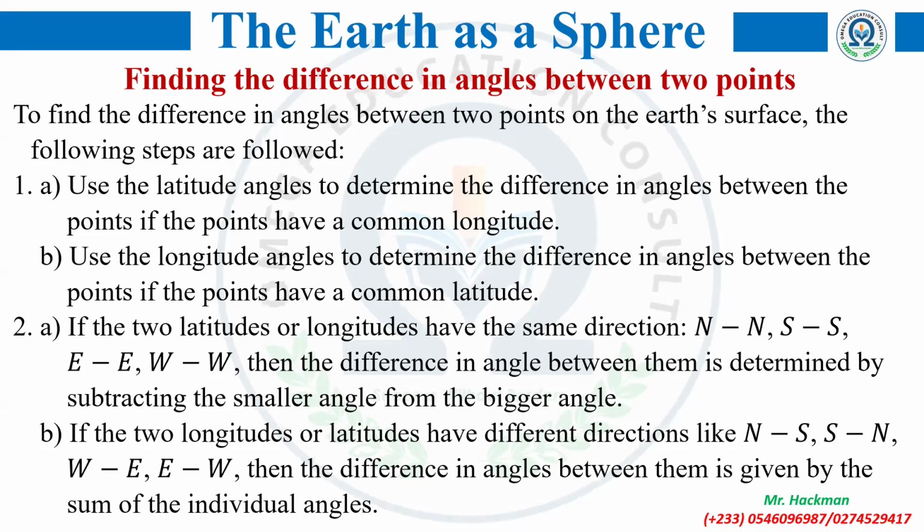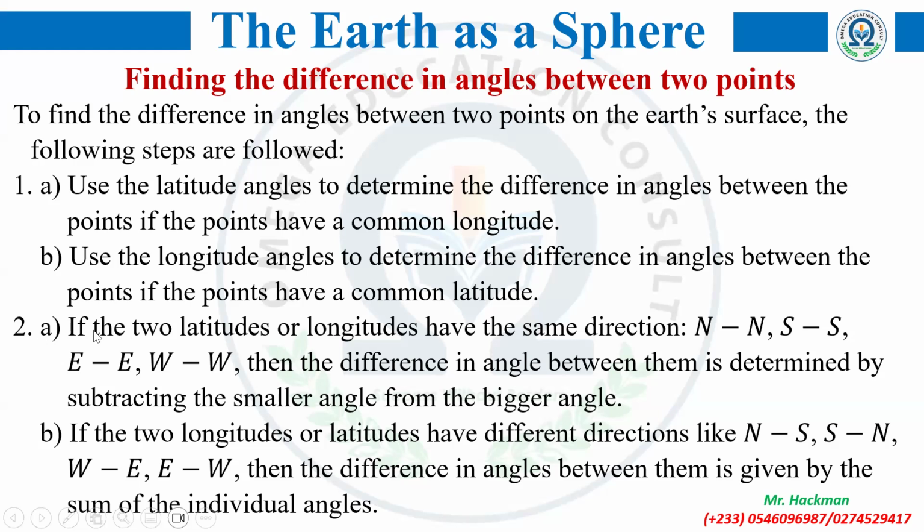In the same way, if your 2 points have a common latitude, then we rather use the longitude to determine the difference in angle, and that is catered for in B: use the longitude angle to determine the difference in angle between the points if the points have a common latitude. So common latitude, we use the longitude; common longitude, we use the latitude. Is my point well made? Yes.